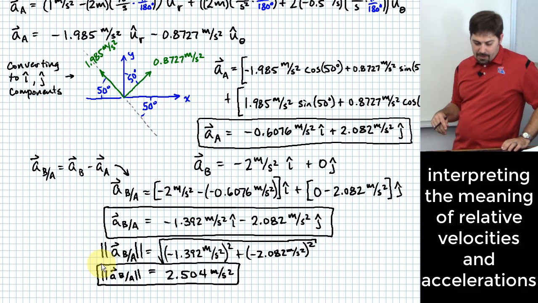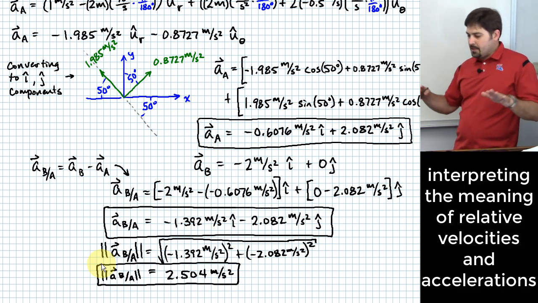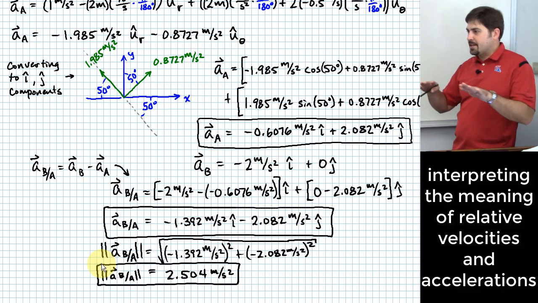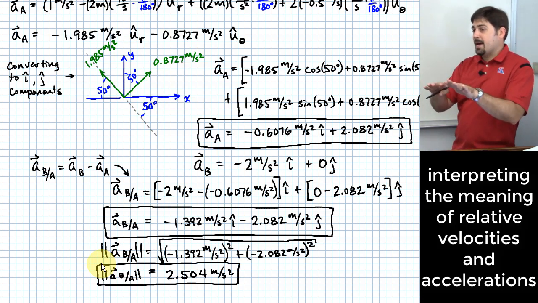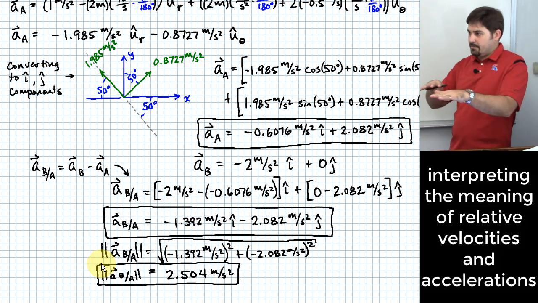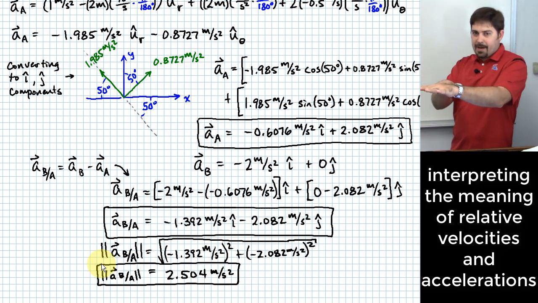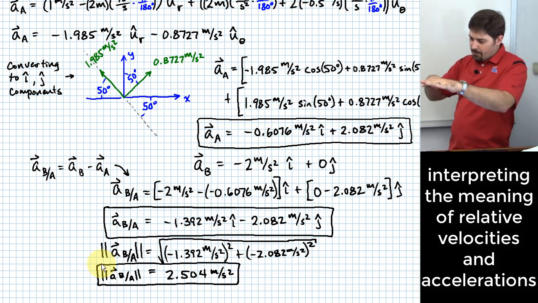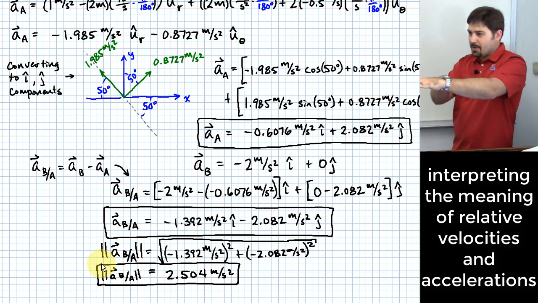These kinds of problems actually become very useful if you're trying to get two moving things to sync at a certain time. Because let's say you want to merge with traffic, right? What you want to have happen is by the time you get to the bottom of the ramp and you get ready to merge with traffic, you want the velocity of you relative to the other traffic to basically be zero, right?